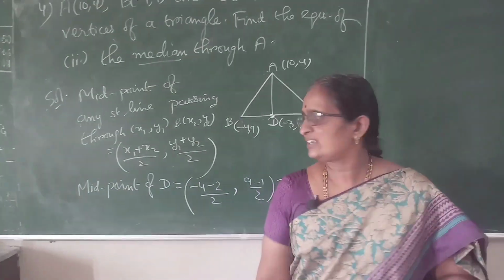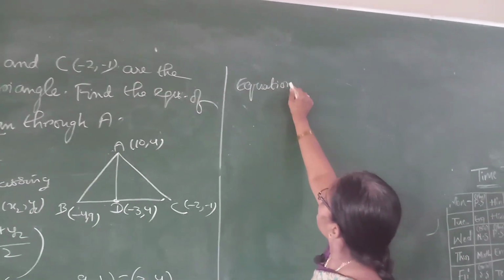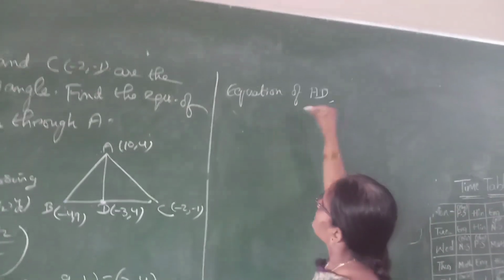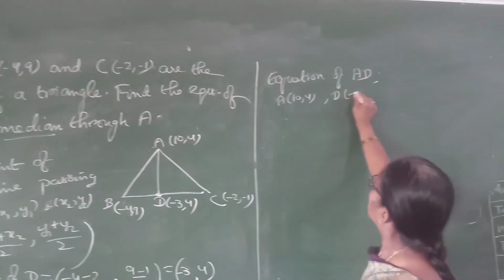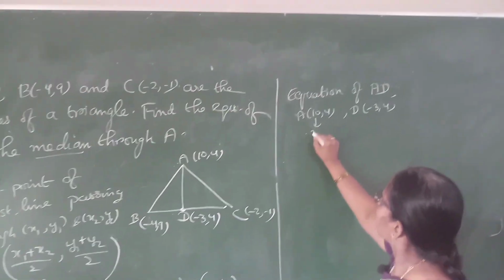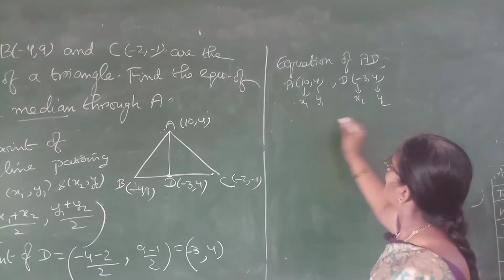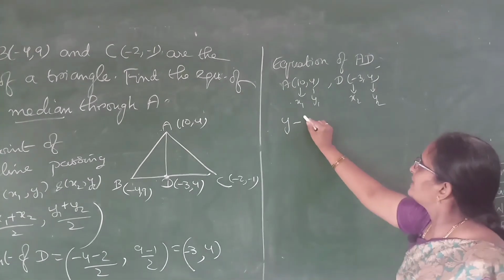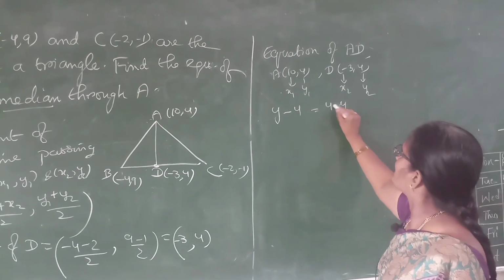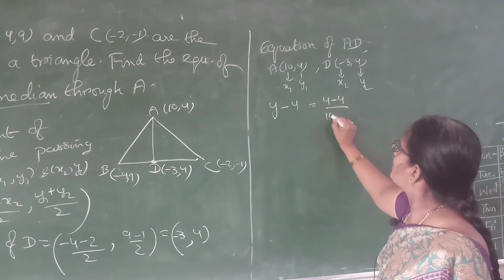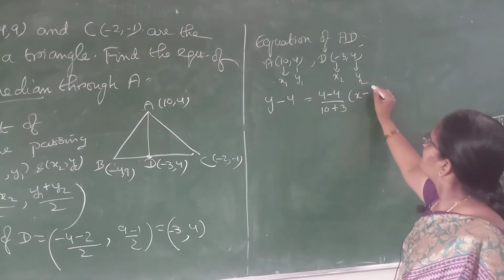Now we have to find the equation of AD. Here A is 10, 4 and we consider D as minus 3, 4. So this is x1, y1, x2, y2. y minus y1, y minus 4, equal to (y1 minus y2), 4 minus 4, by (x1 minus x2), 10 plus 3, into x minus 10.